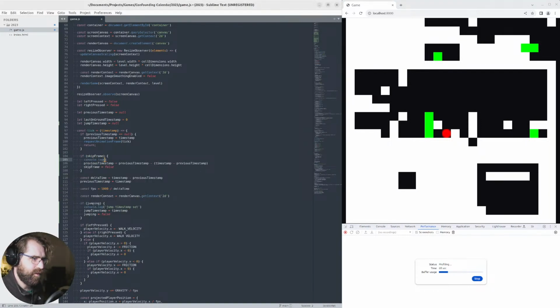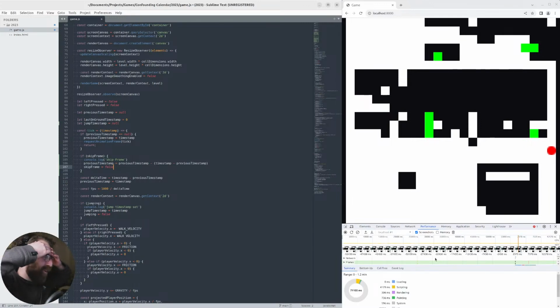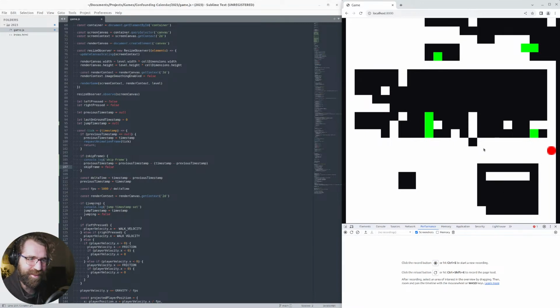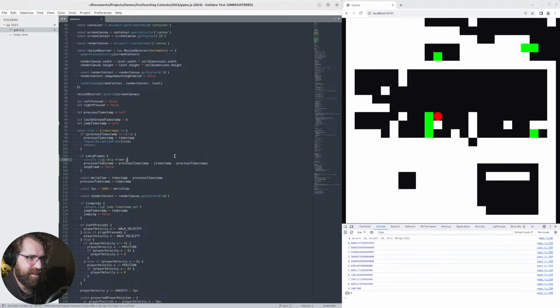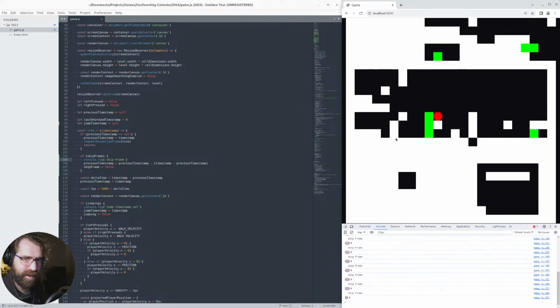Console log, skip frame. Okay, let's just stop. Oh, it happened. After I stopped profiling, I knew that was going to happen. I fell two down. Okay, so let's just double check. B. Yeah, the frame skip's happening.